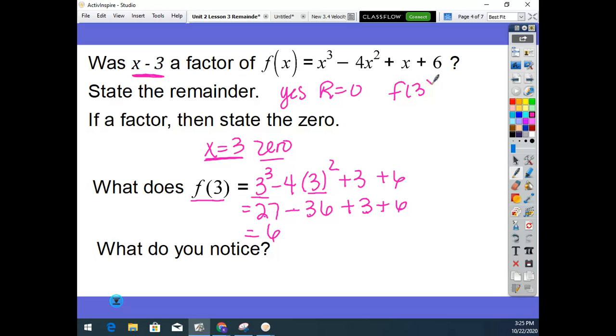F of 3 equals 0. So when I plug 3 in, it makes the whole equation equal 0. The remainder always equals the value you plug in.